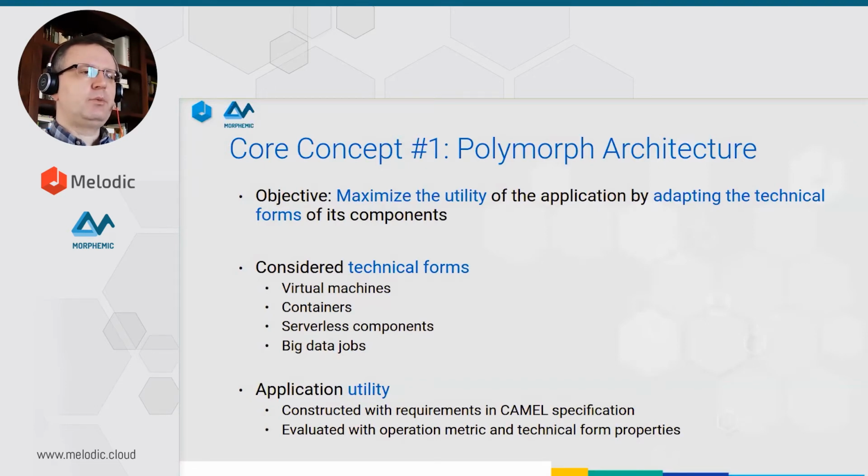That's Melodic, but we are of course still working on that, and a new version is being developed within the Morphemic project. And the first key novelty of that project will be the polymorphic architecture. So the application will not only be adapted through selecting resources, through selecting which cloud providers we should deploy to and which type of virtual machines we should choose, but we will also be able to adapt the architecture.